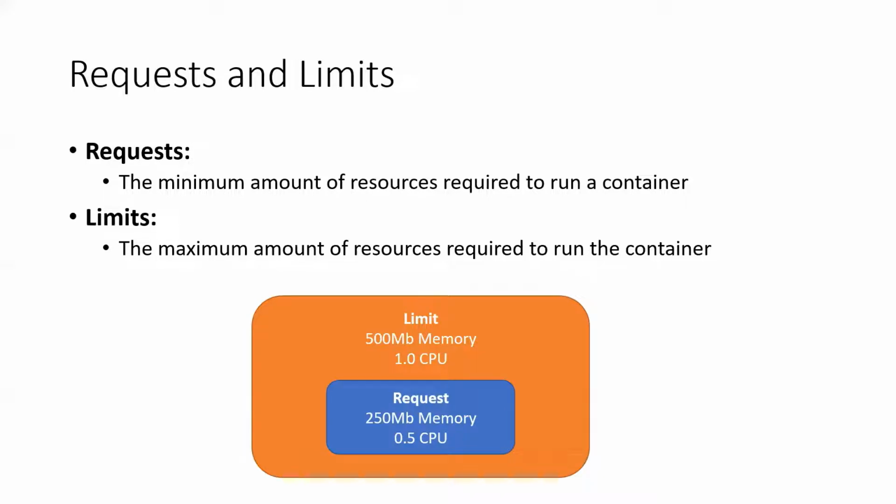Whenever you are starting, you can use this much memory and this much CPU, and on top of that, you cannot use more than this limit, right? This should always be set. Why?